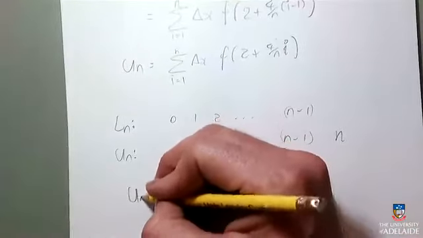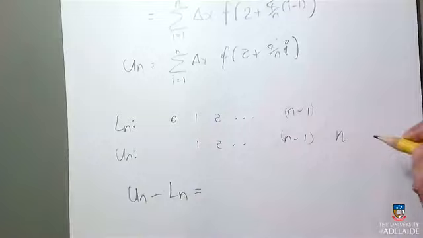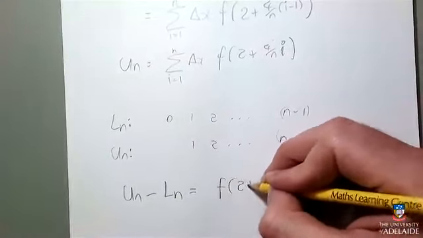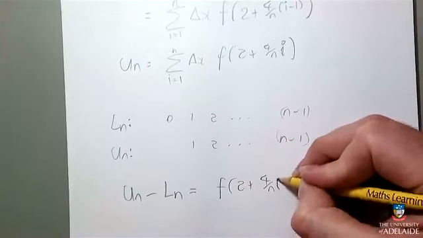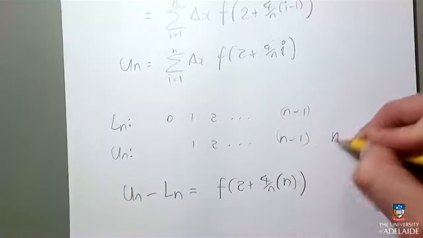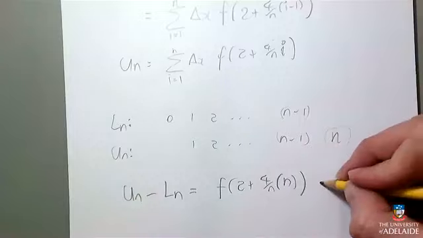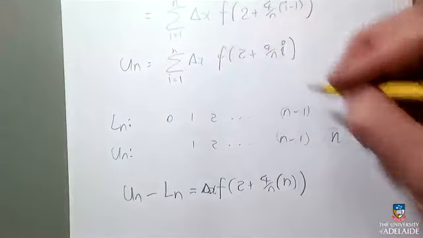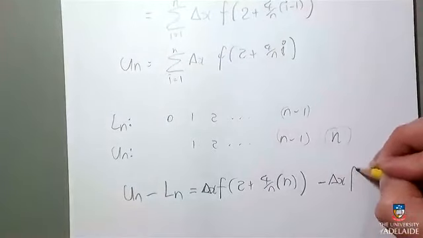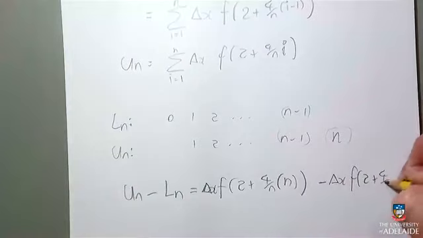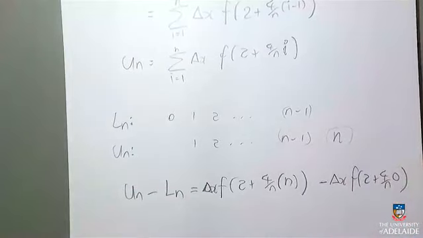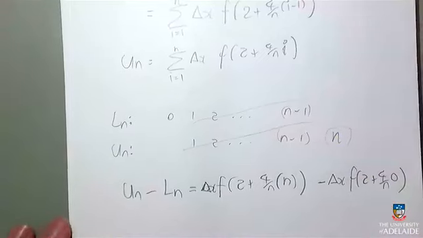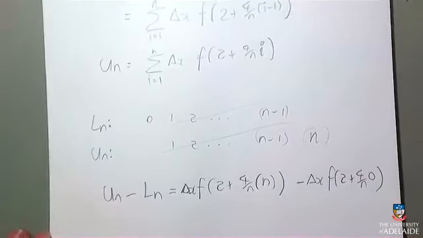So Un minus Ln is going to be what I get when I use n times delta x, this thing when I use n, minus this thing when I use 0, because all this bit cancels out in the middle. Beautiful.